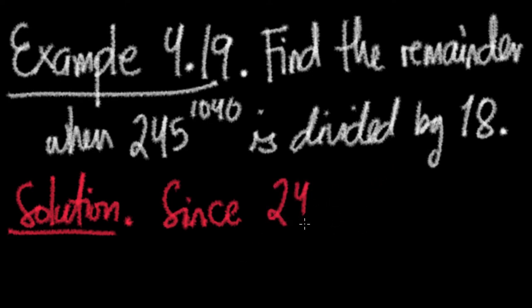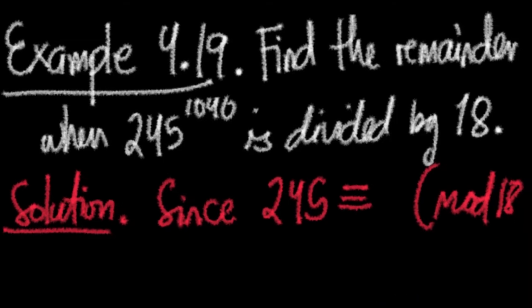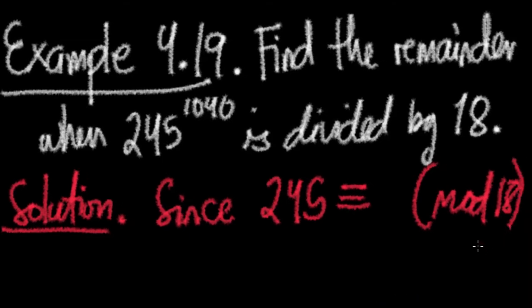Since 245, we need to get what number it is congruent to mod 18. What will be the remainder if 245 is divided by 18?